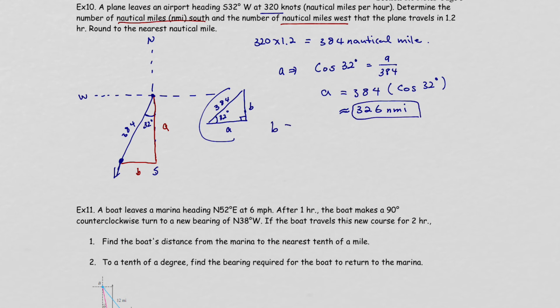And then B, the distance going west, is going to use sine. Sine of 32 degrees equals B over 384. So your B is going to be 384 times sine 32 degrees. And when you multiply that, your value for B is going to be 203 nautical miles.